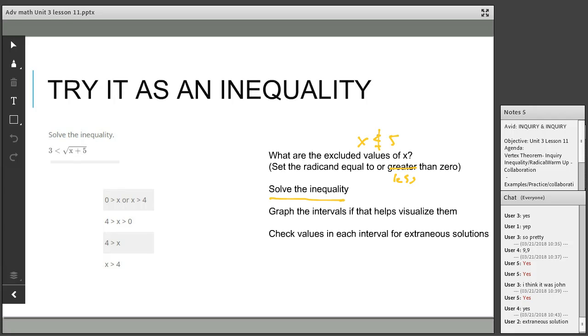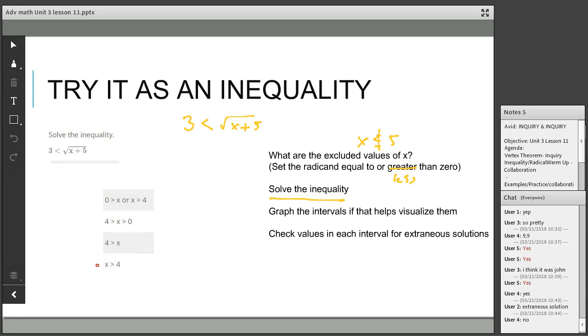Those are our excluded values of x. Now let's solve the inequality. Did we do anything different? John solved it for us as an equality. Did we do anything different if we're solving it as an inequality?